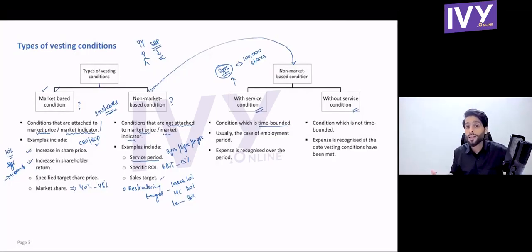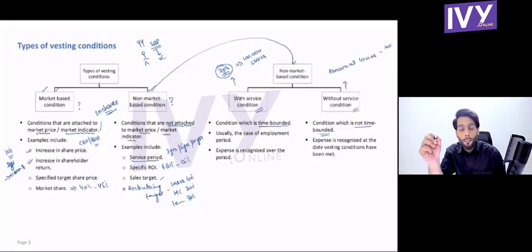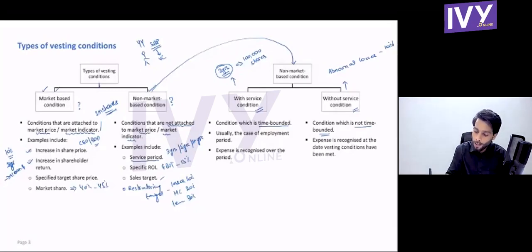And what do you mean by a without service condition vesting condition? An example could be when there is no time bound. For example, you have been given a target that you reduce abnormal losses by 10%, and whenever you reduce our company's abnormal losses by 10%, we will give you, for example, 100,000 shares.